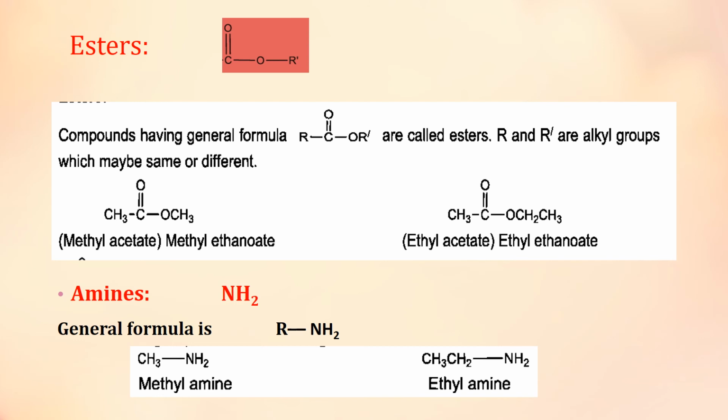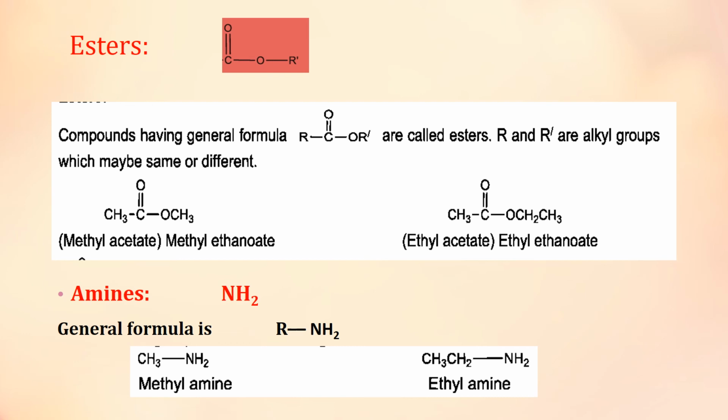In the family of esters, you can clearly see that one carbonyl group is present, and this carbonyl group, C double bond O, is directly attached to one oxygen atom, and this oxygen is further attached to one alkyl group. So the compounds having general formula R C double bond O R dash are called the esters.